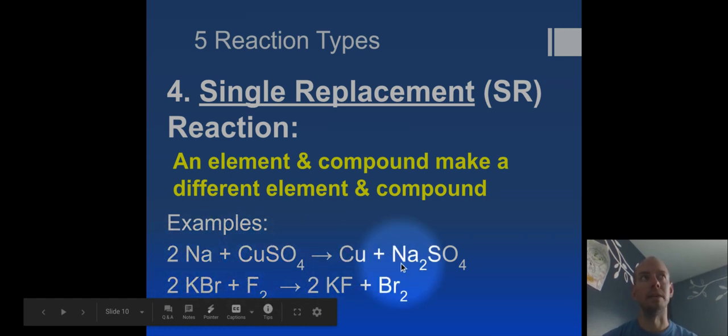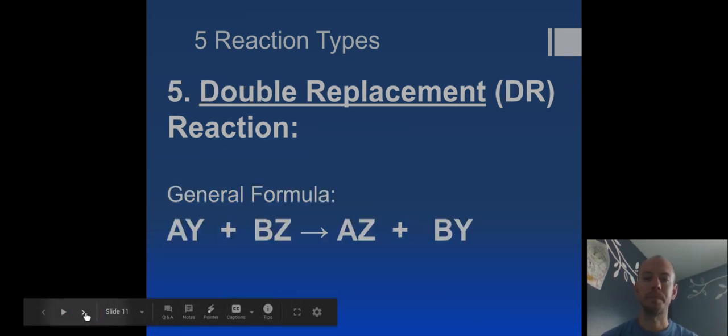Those are both metals, things that can form cations. Here, fluorine is a halogen, so is bromine. Those are both things that are going to be negatively charged anions, so the anion will replace the other anion. But when you're just trying to figure out the type, you don't even need to think of it in that much detail. Element, compound, different element, different compound.